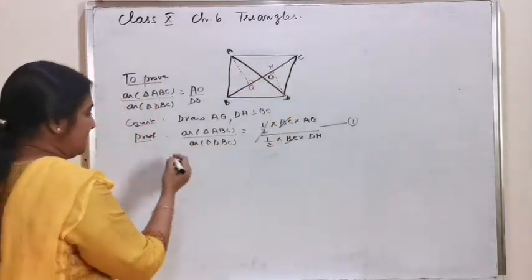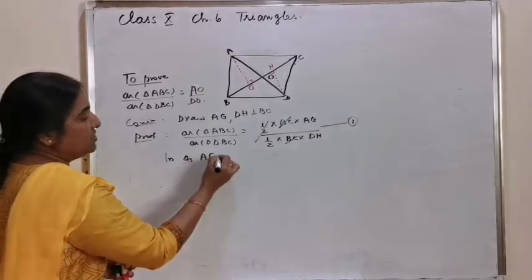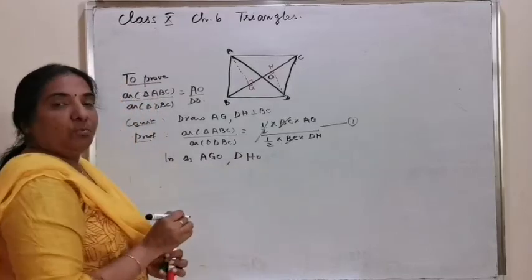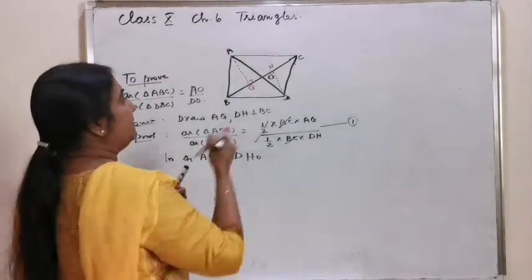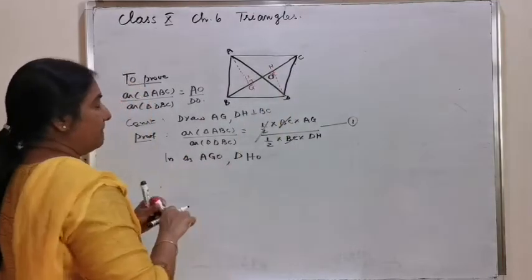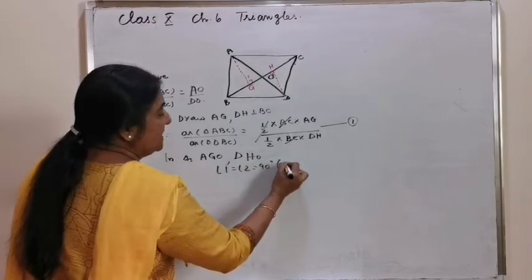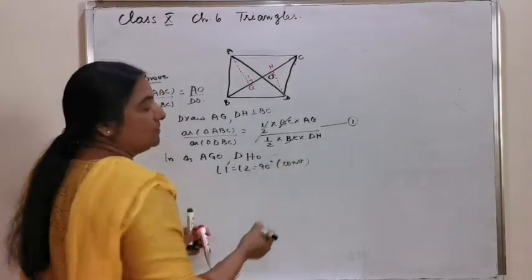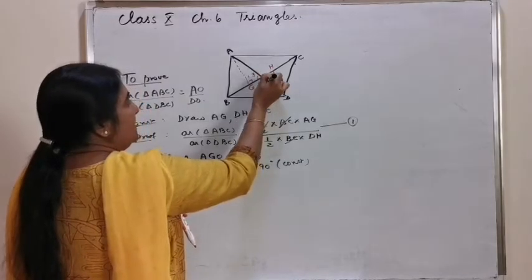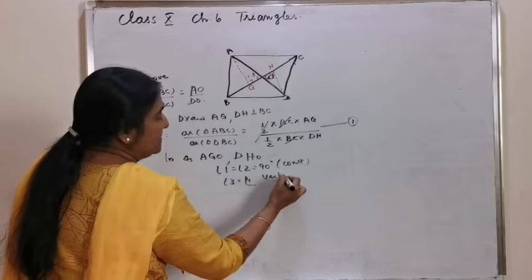In triangles AGO and DHO, angle 1 is equal to angle 2, equal to 90 degrees by construction, as you have constructed the altitudes. Angle 3 is equal to angle 4, vertically opposite angles.